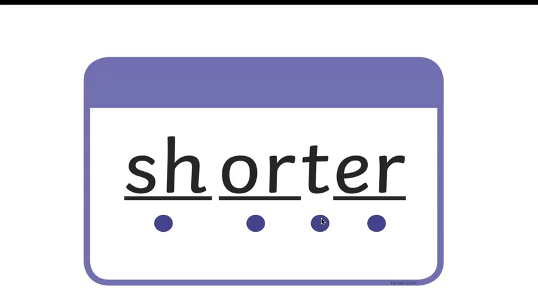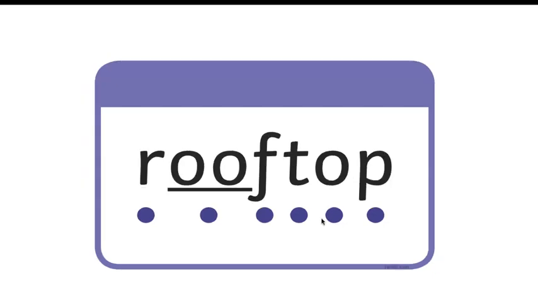I want you to have a think to yourself now about how many letters are in the word rooftop. It's a compound word, 2 littler words stuck together. We've got roof, and we've got top. Rooftop. Let's have a look at it now. The r is a sound on its own.